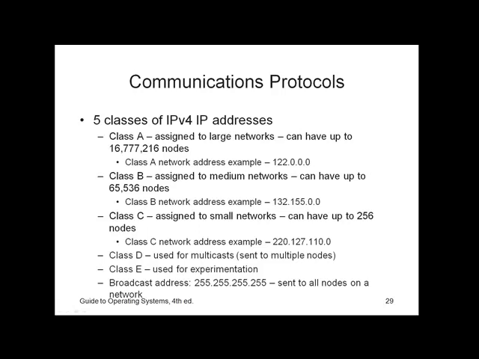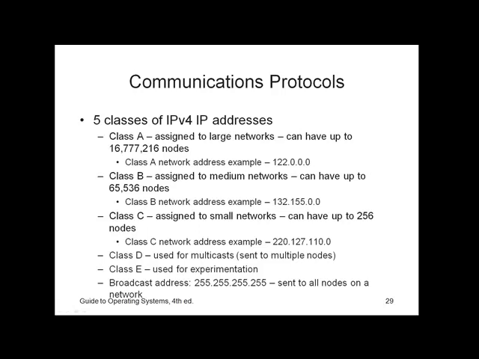A Class B network is typically assigned to medium networks, and it can have up to 65,536 nodes. A Class B network address example would be something like 132.155.0.0. A Class B network could be, say, a college or university, something that has a fair number of computers attached to it. A Class A network may be something like an ISP.